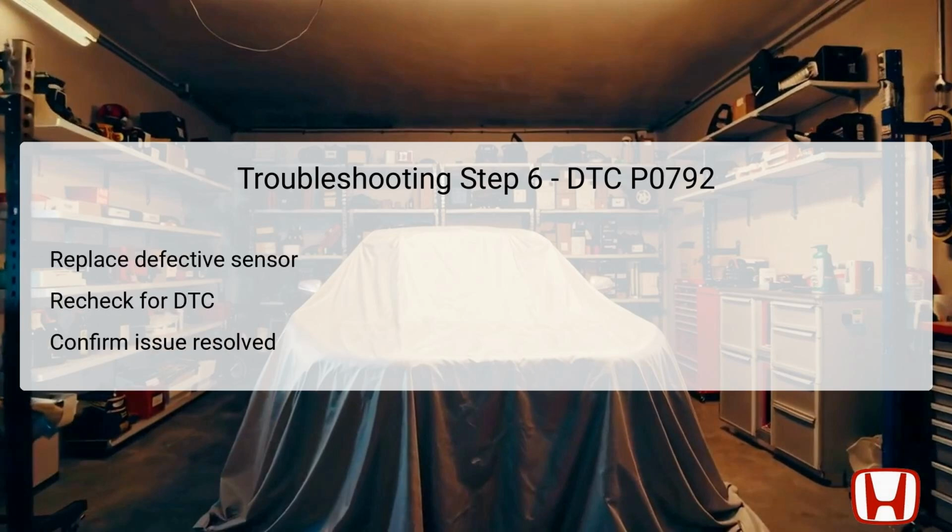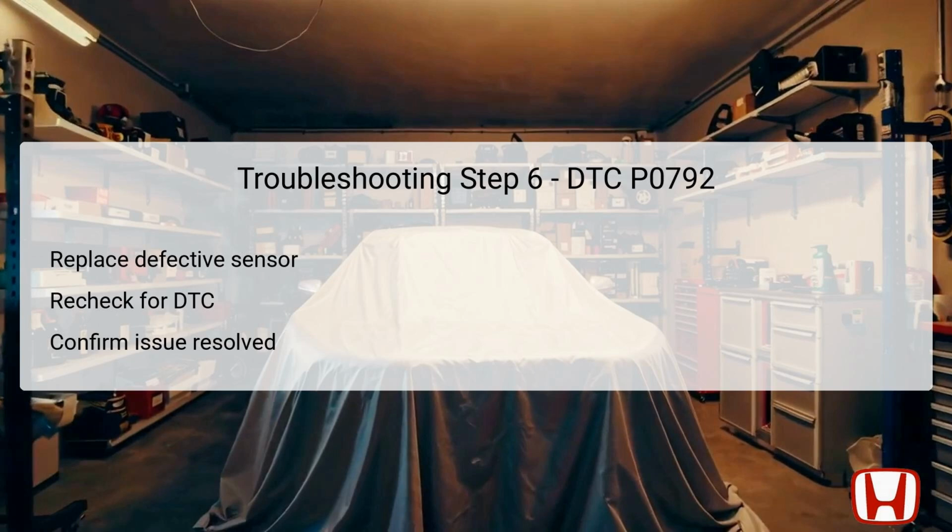In the final troubleshooting step, if the CVT drive pulley speed sensor is found faulty, it should be replaced promptly. This ensures that the sensor can accurately measure the intermediate shaft speed, allowing the transmission to perform optimally. Following the replacement, it is essential to recheck for any DTCs using the HDS diagnostic tool.